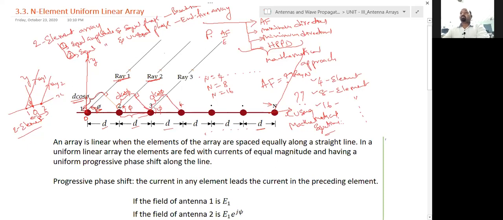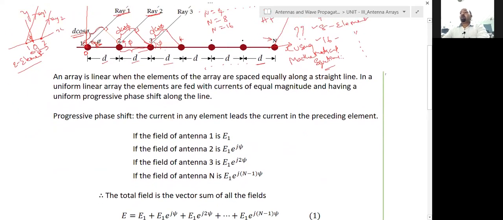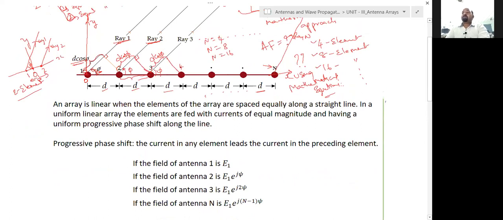So what will we get? Here I'm writing the phase angle psi, which is equal to 2 pi into path difference.